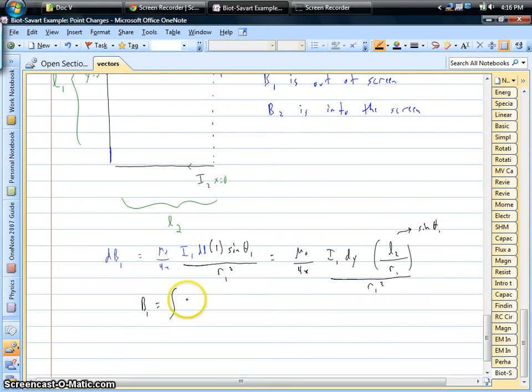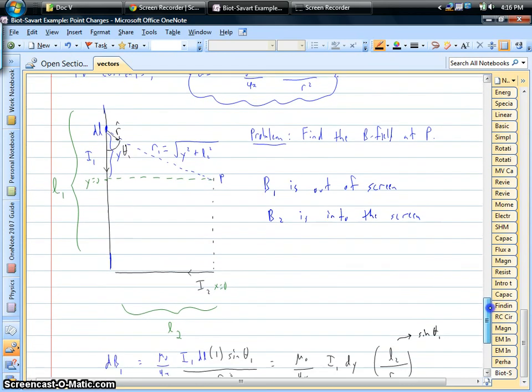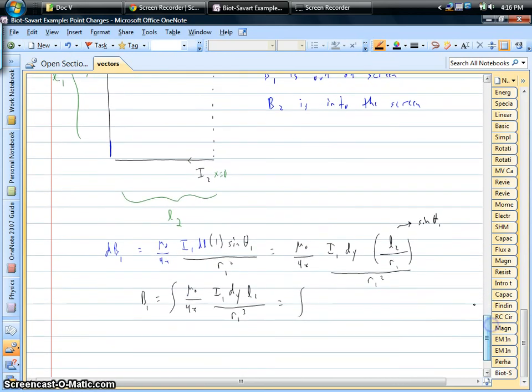Okay, so we have to integrate what we just came up with. We're going to have current 1 times dy. L2 is just a number. That's the length of the other wire. And it's going to be over r1 cubed. Okay, but now r1 is that square root. And that's the Pythagorean theorem that we set up.